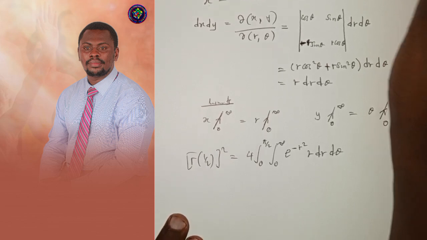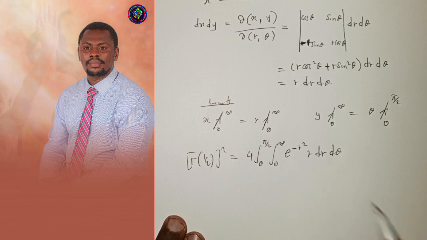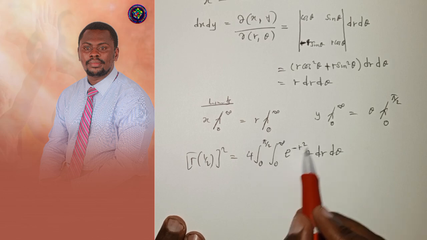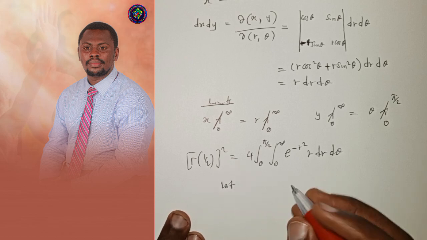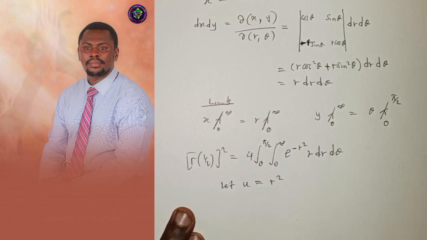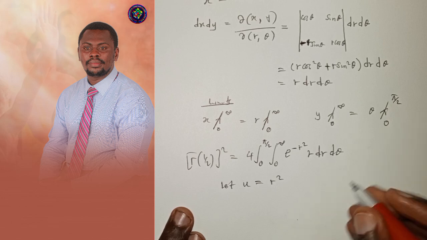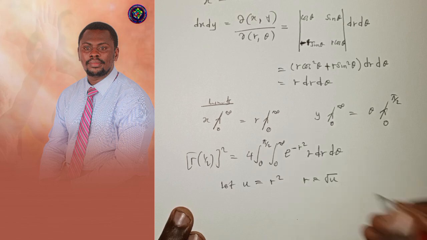Okay, so what next here? What next here is we can substitute here, where there is r squared, we can substitute with any letter. So we can say let u equal to r squared, meaning r is equal to square root of u.